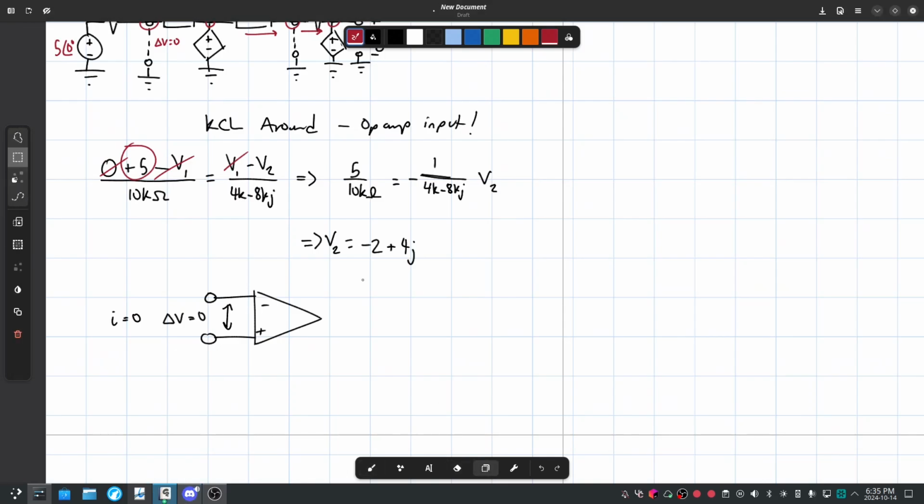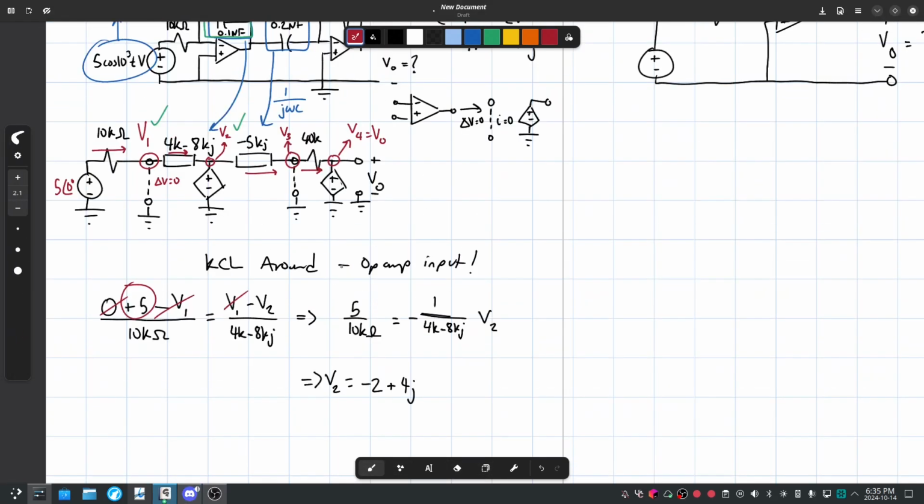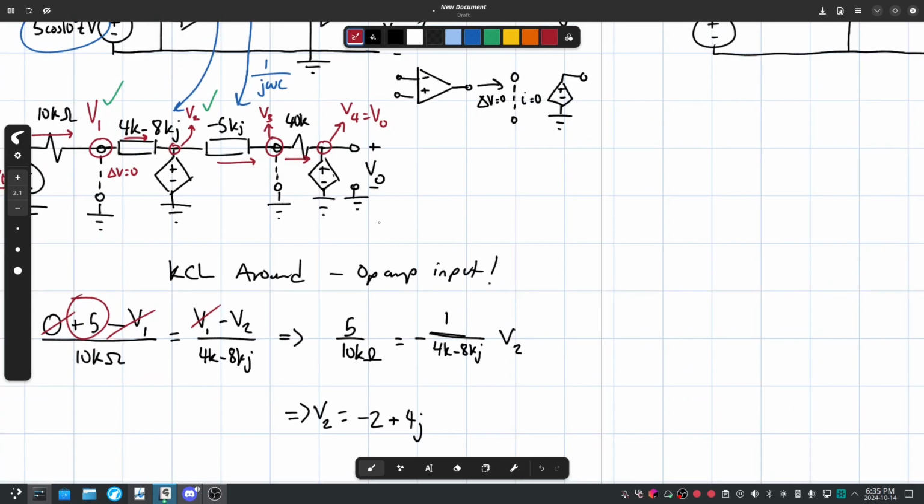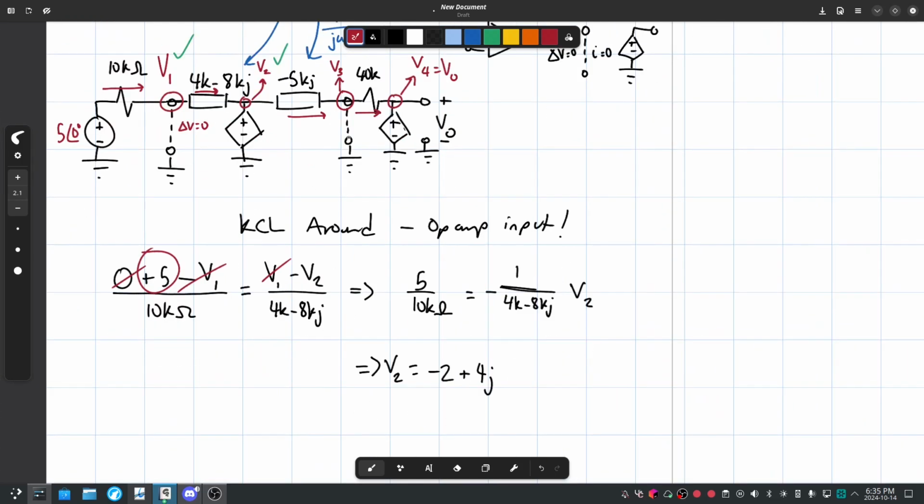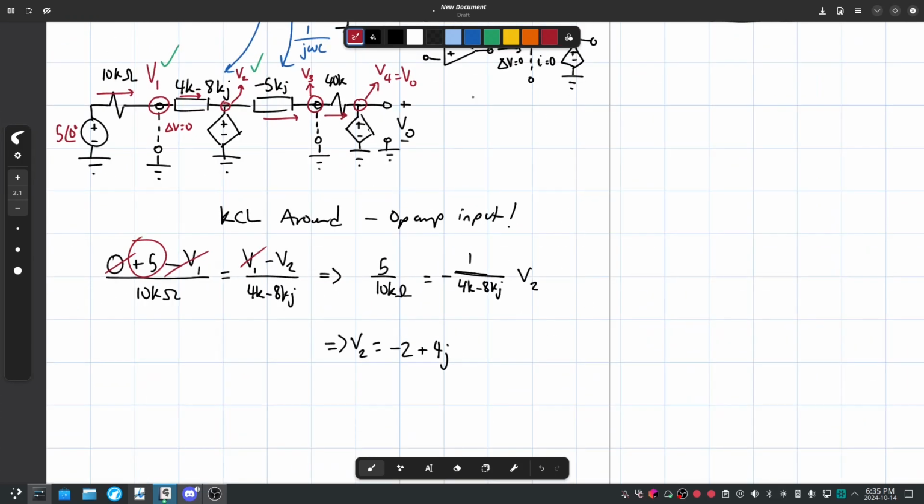Okay. So now we are going to do KCL again over the second voltage node. Let me do black again. So we're starting at V2 and we're ending up at V3 over an impedance of -5 kJ.